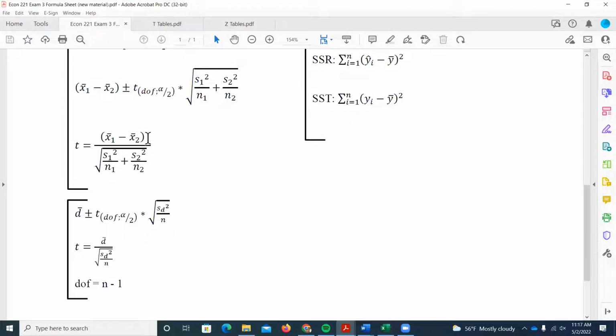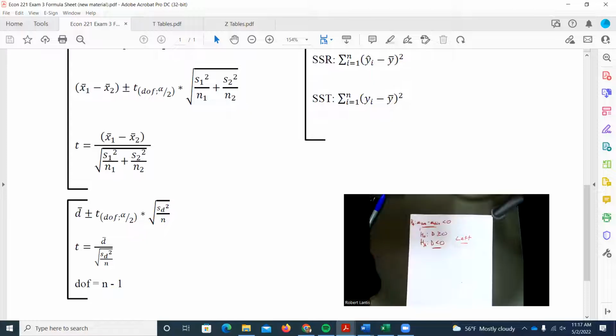So if I plug things in here, we got 28 minus 29, and I think it was 9 over 40 and 16 over 50. Well, this is always going to be positive, right? This represents the standard deviation for the difference in sample means. And here I found this sample difference was -1, remember?